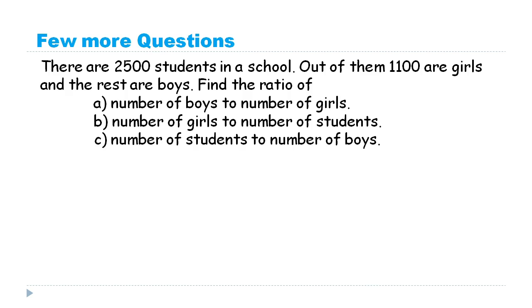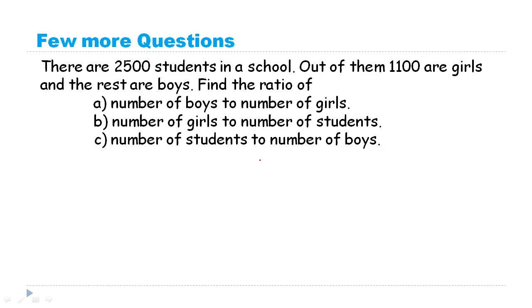There are 2500 students in a school. Out of them 1100 are girls and the rest are boys. Find the ratio of number of boys to number of girls, number of girls to number of students, number of students to number of boys.